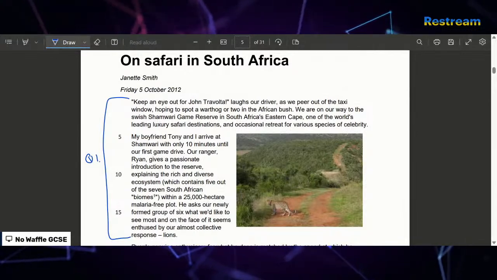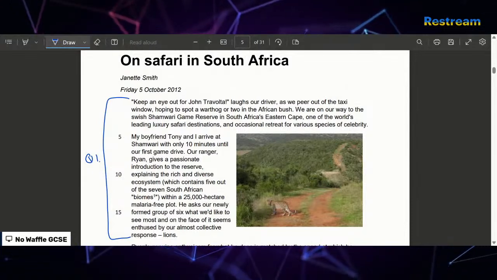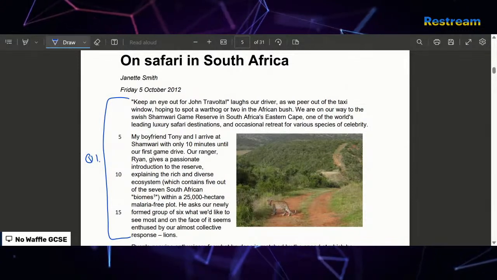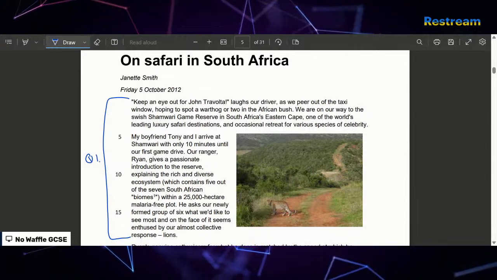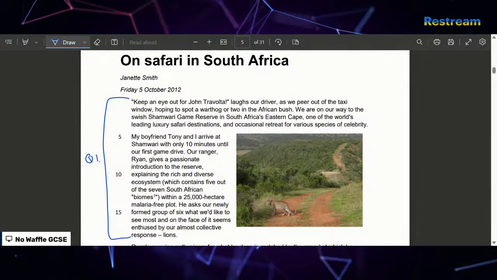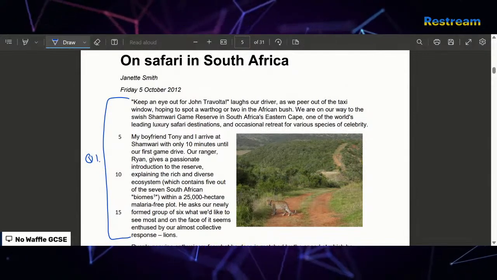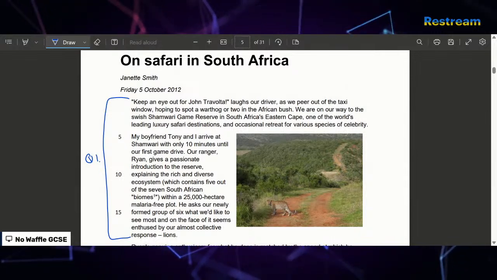Our ranger, Ryan, gives a passionate introduction to the reserve, explaining the rich and diverse ecosystem, which contains 5 out of the 7 South African biomes, within a 25,000 hectare malaria-free plot. We ask our newly formed group of 6 what we'd like to see most, and on the face of it, it seems enthused by our most collective responses: lions.